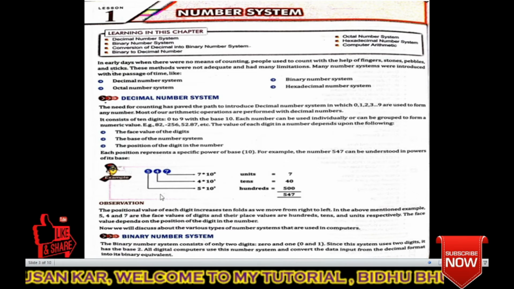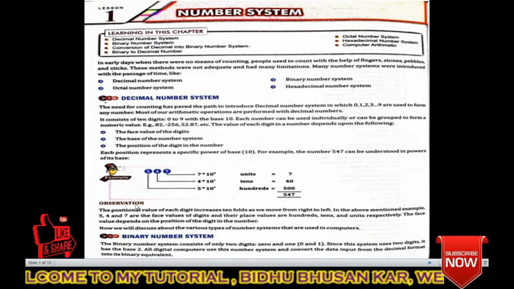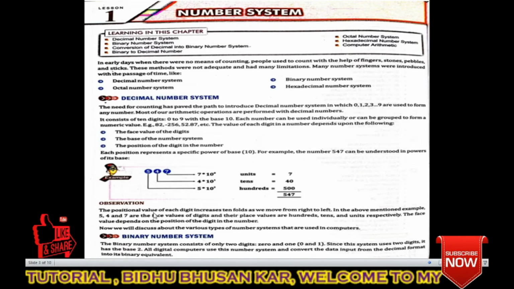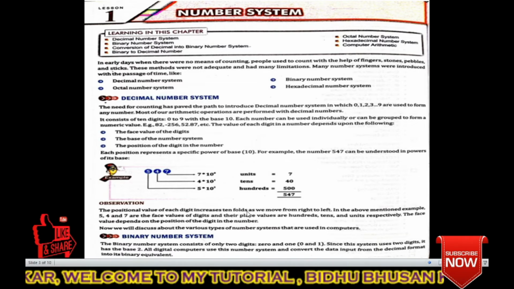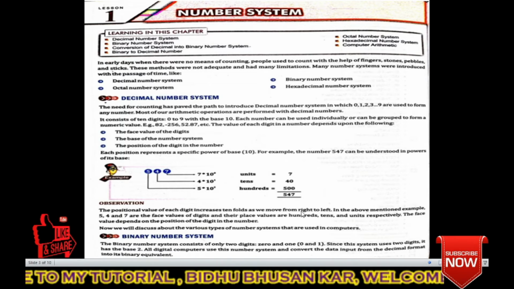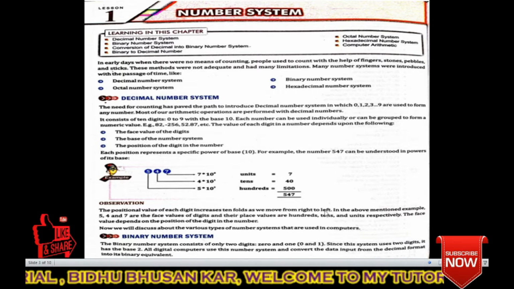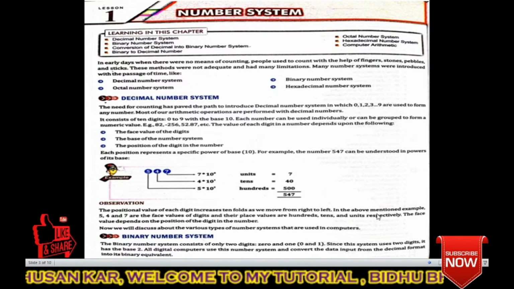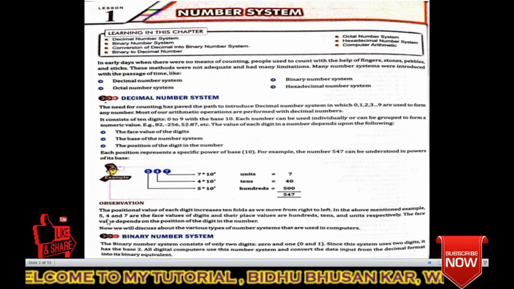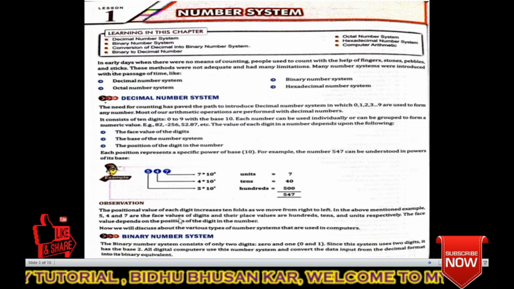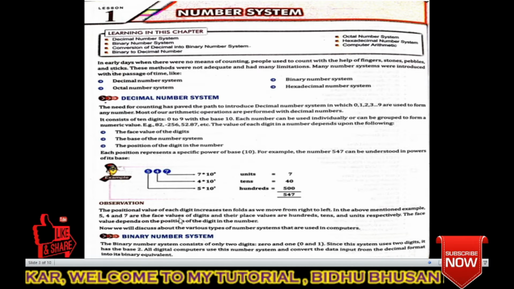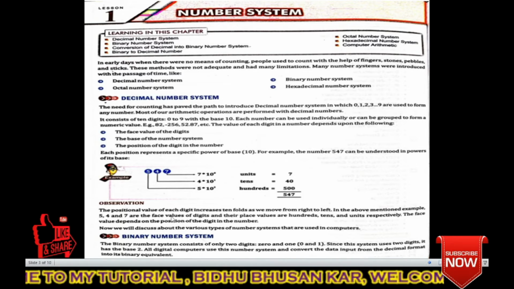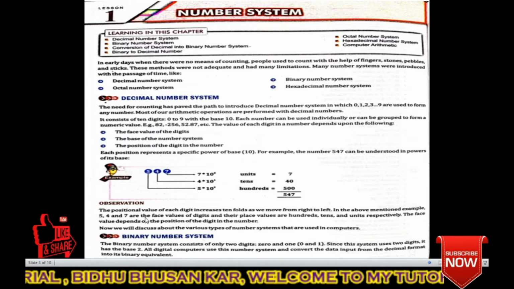Next, what is our observation? The positional value of each digit increases 10 folds as we move from right to left. In the above mentioned example, 5, 4 and 7 are the face value. From childhood you have read about face value and place value.